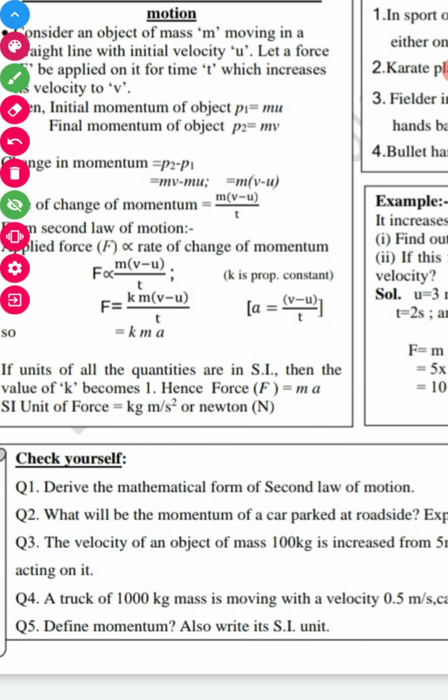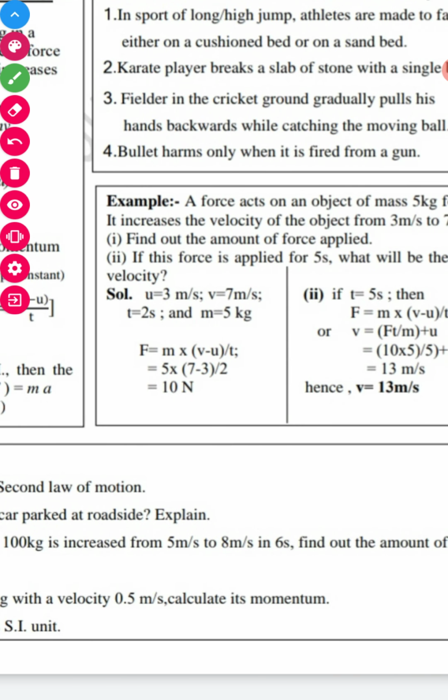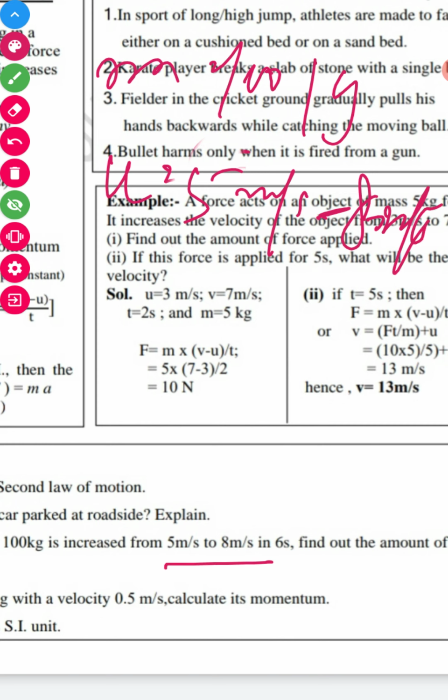Third question: the velocity of an object of mass 100 kilogram is increased from 5 to 8 in 6 seconds.